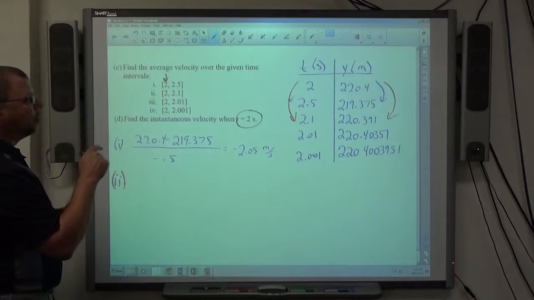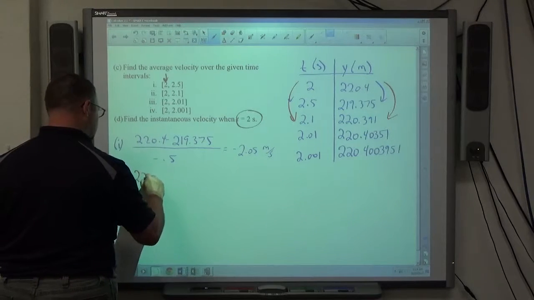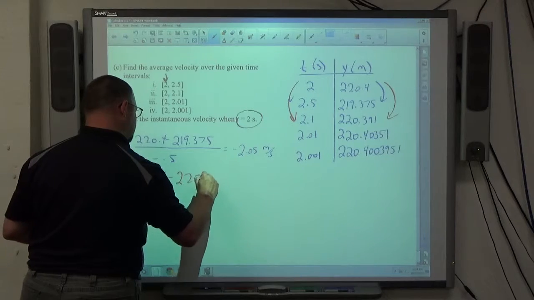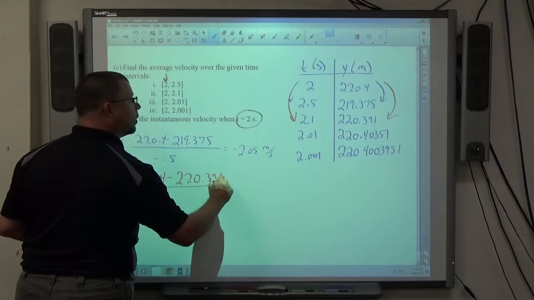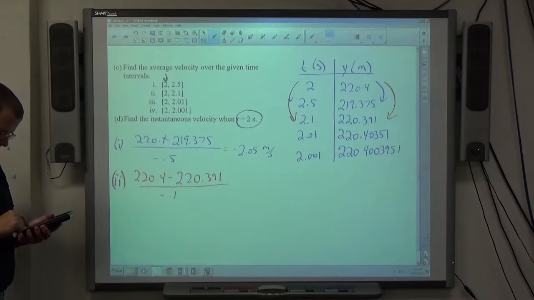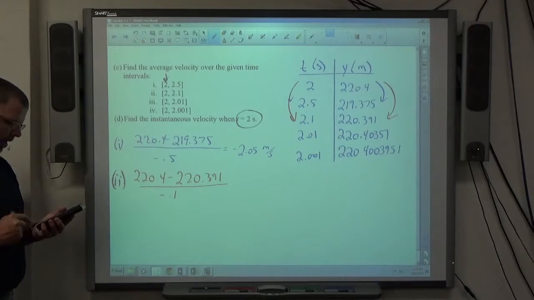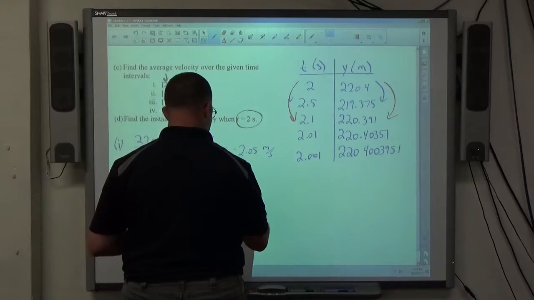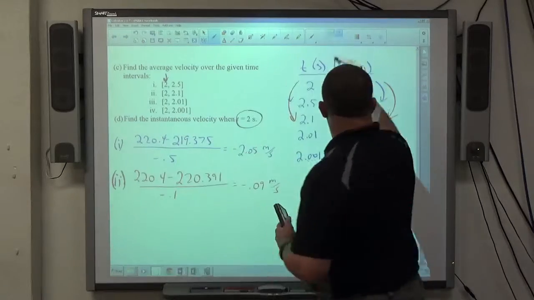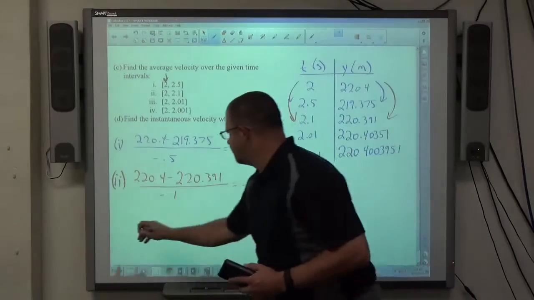All right, so we're going to do 220.4 minus 220.391 over 2 minus 2.1, which is negative 0.1. And I got negative 0.09. All right, number 3.